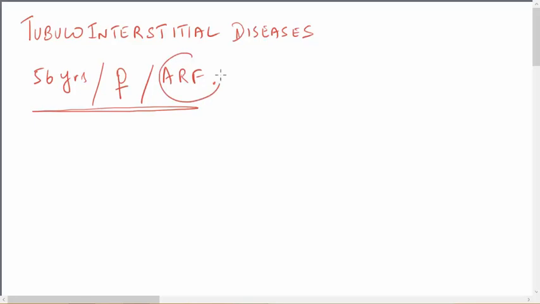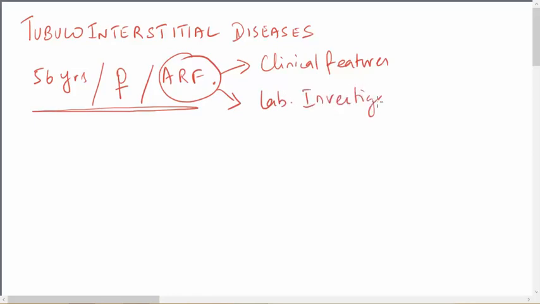So we avoided the signs, clinical features, and you should know what is the criteria for calling ARF. That is laboratory investigation finding. Okay, so because we gave it directly, it is an ARF.